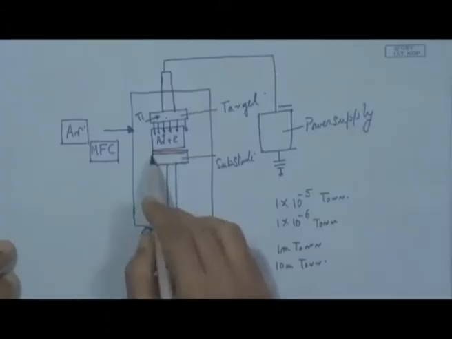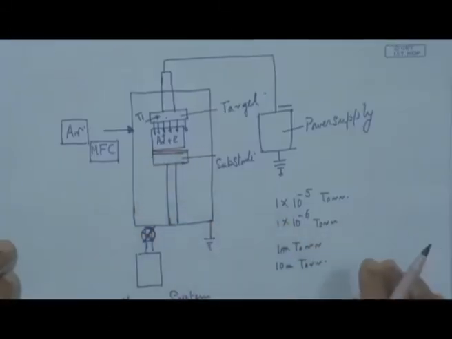Number 2, uniformity of the coating over the entire surface of the substrate. This is also a very important issue, considering various engineering applications. And number 3 is the structure of the coating: smoothness, density.